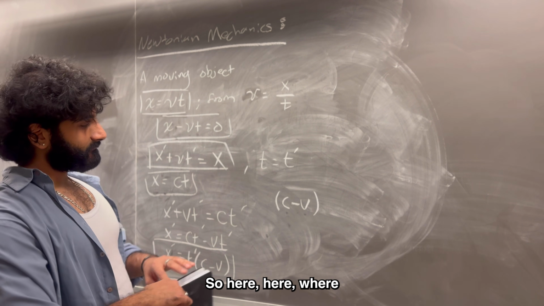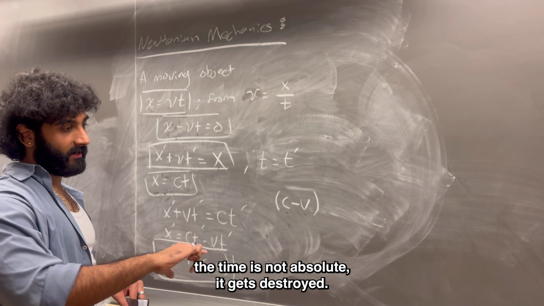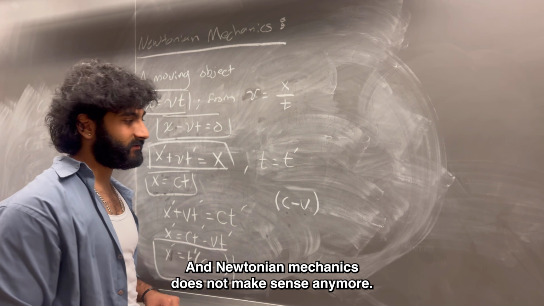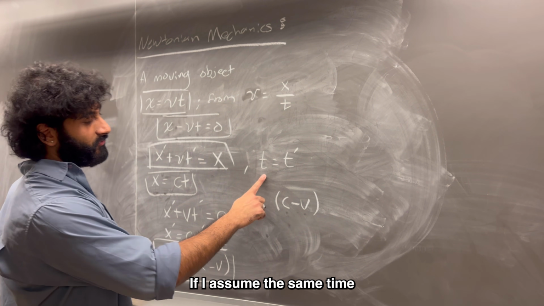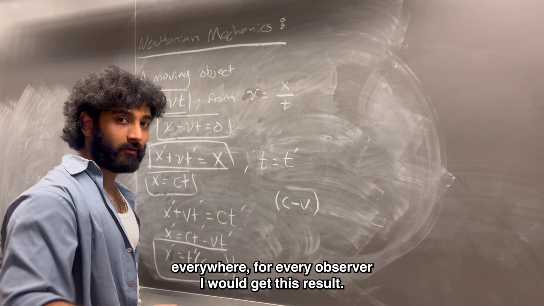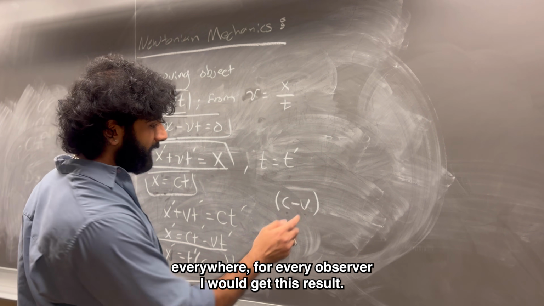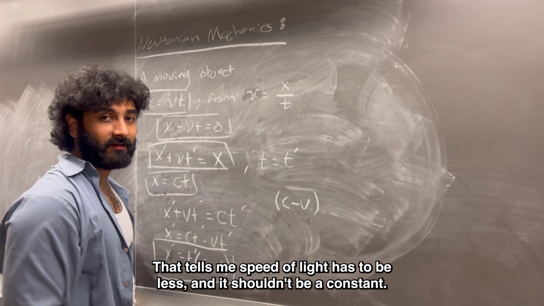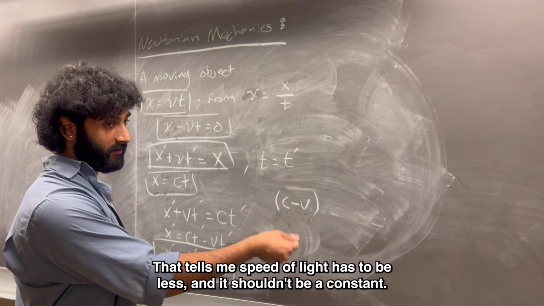So here is where absolute time gets destroyed and Newtonian mechanics does not make sense anymore. If I assume the same time everywhere for every observer, I would get this result that tells me the speed of light has to be less and it shouldn't be a constant.